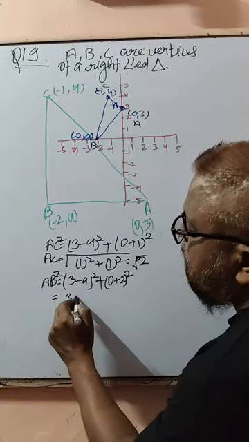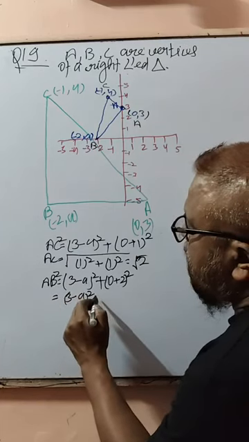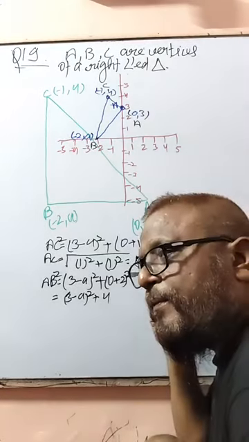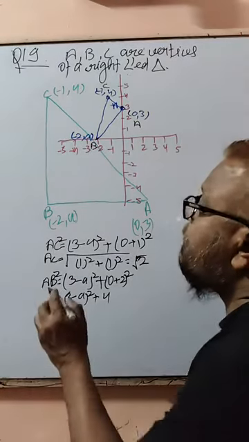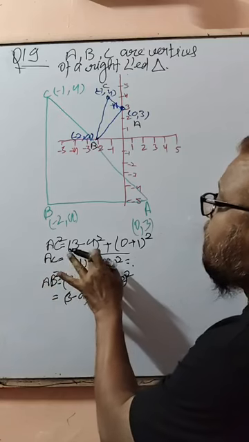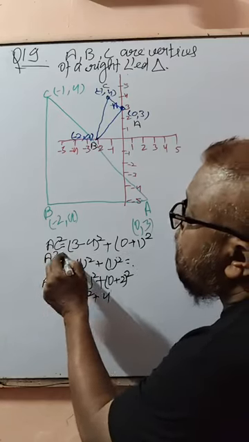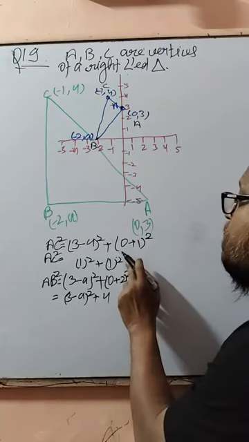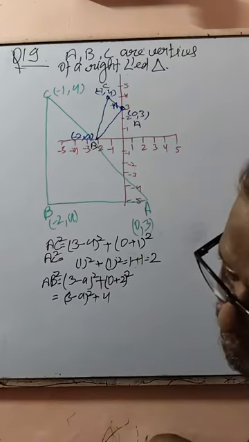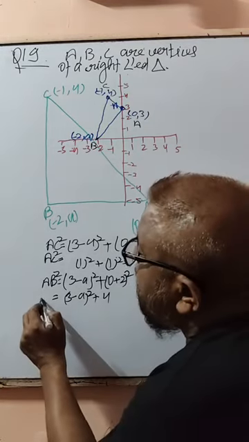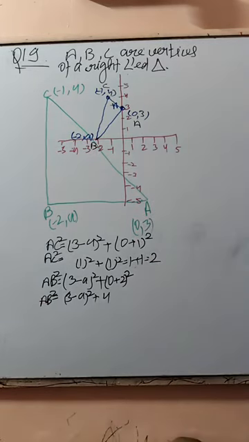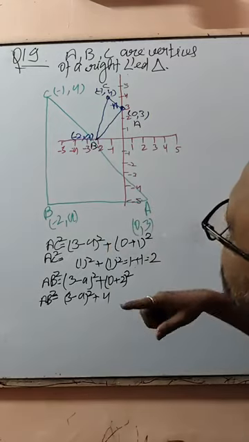So this becomes 3 minus a whole square plus 4. Right? So we don't write root here. AC square is equal to 1 plus 1, which is equal to 2. And AB square is 3 minus a whole square plus 4. Fine?